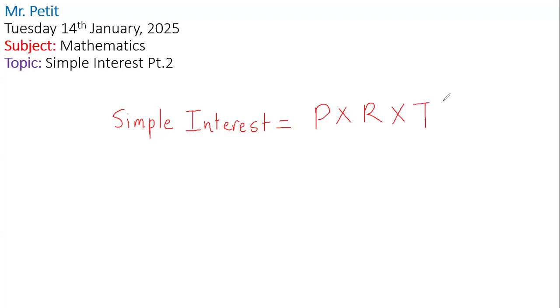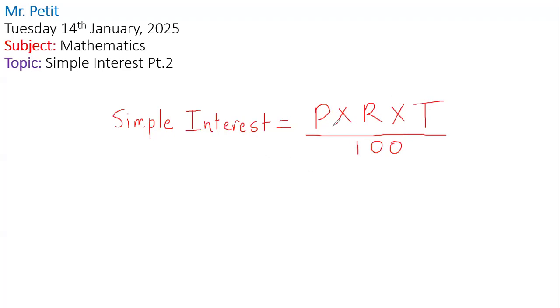We said that the simple interest formula, you only have to write this down if you didn't have the notes from yesterday, is: simple interest equals principal times rate times time, all over 100.